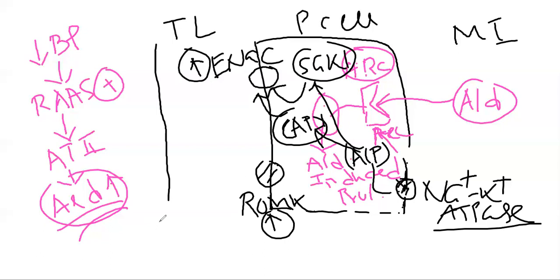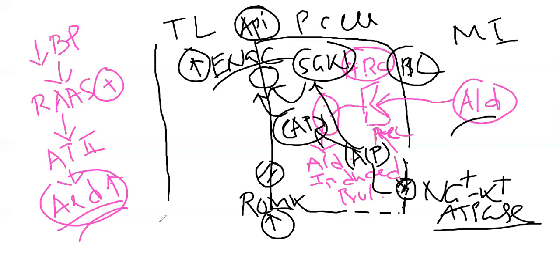That means as a result, by the action of aldosterone, there will be an increased number of epithelial sodium ion channels at the apical site, and at the basolateral site there will be increased expression of the sodium potassium ATPase pump.